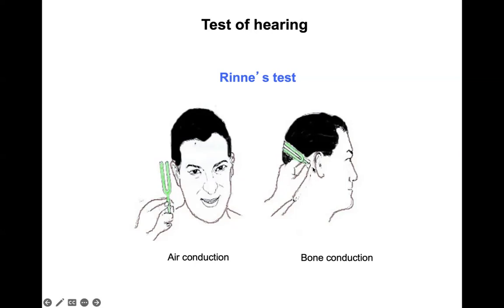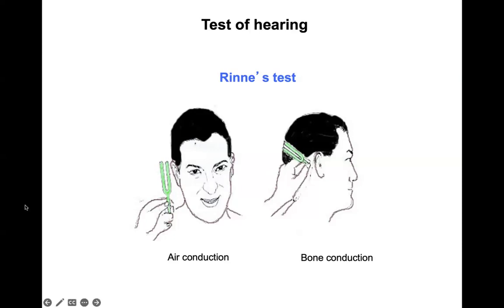What about bone conduction? If they have nerve deafness and you shake the vibrating fork and touch it here, and the patient has problems with the nerve or with the brain, can they hear? Still no, exactly. So both tests will be abnormal in patients with nerve damage or nerve deafness.